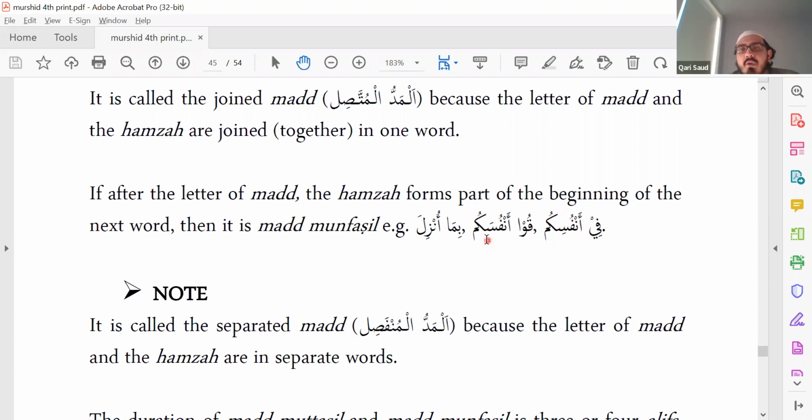And this is the same thing. So what do we do here? Hide the noon, anfusakum. And don't actually touch your lips. When you're preparing for the next letter, just hold. Keep your makhraj at the next letter. What's the makhraj of fa?